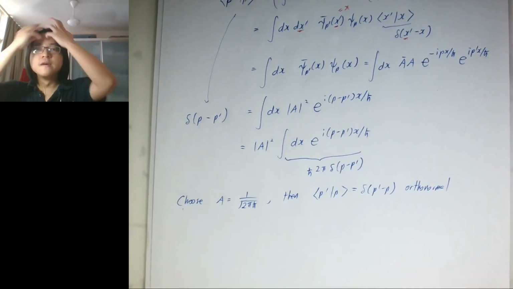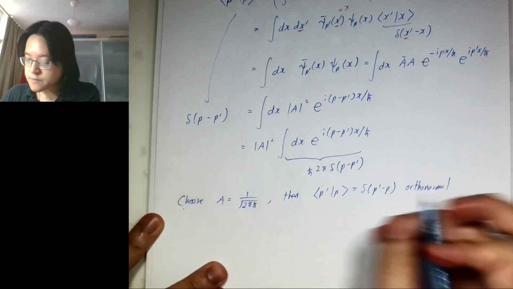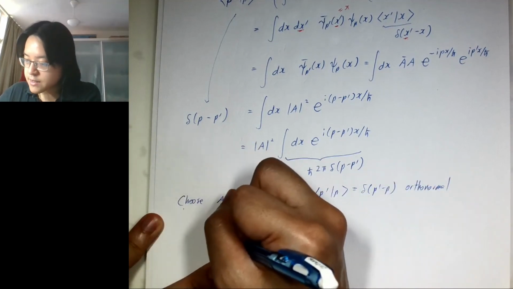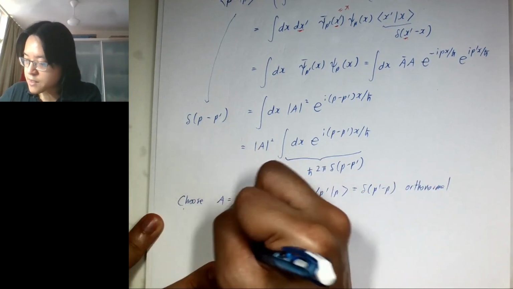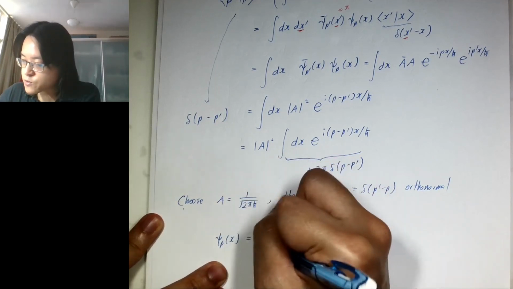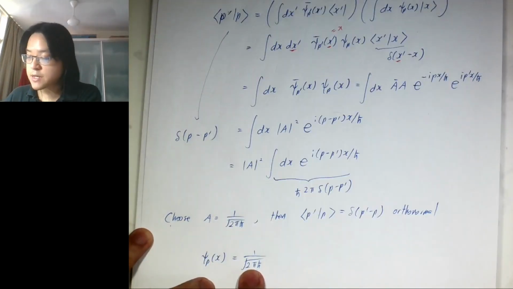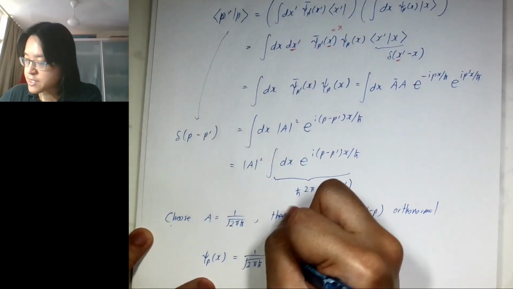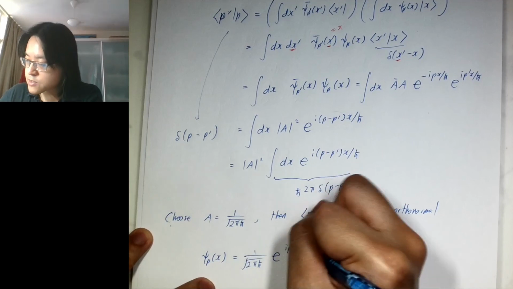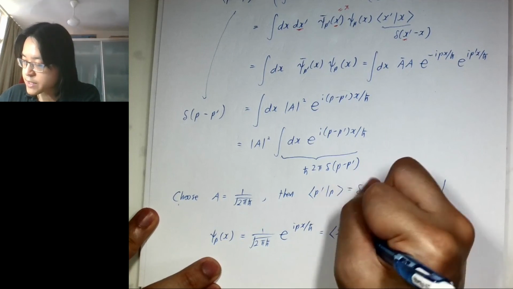Okay, so finally we have found the eigenstates. In other words, the eigenstates of the position momentum wave function is given by 1 over square root of 2 pi h bar. We have determined the constant a, and then the function is e to the power of ipx over h bar, and it is the same as xp.